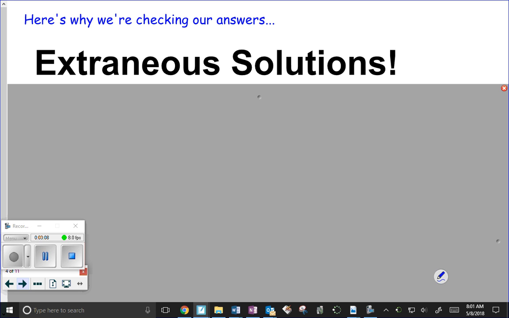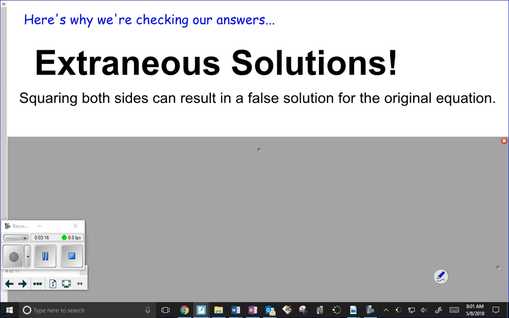So you have to kick it off. An extraneous solution works mathematically until you try to check it in the original equation. And you can find them a lot here because squaring both sides can result in a false solution for the original equation. It's false because it doesn't work in the original equation.